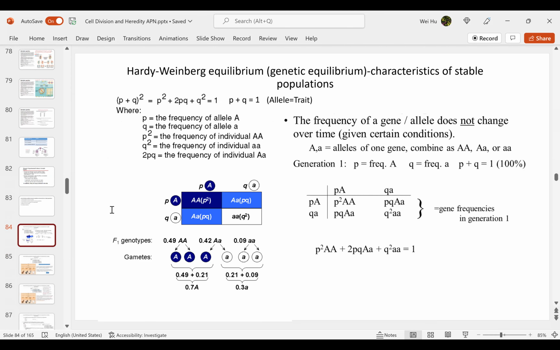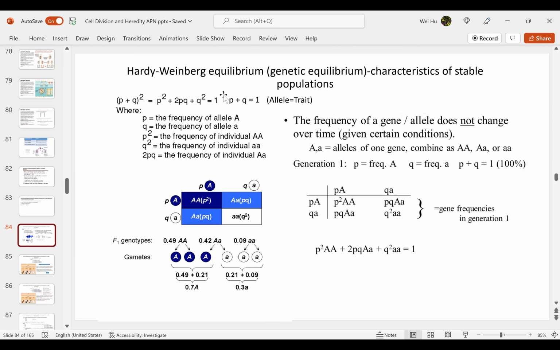What is the Hardy-Weinberg equation? Let's work on the formula first. The formula is P plus Q equals 1. P is one allele, Q is another allele, so they can make a gene. That's the meaning of P plus Q equals 1.